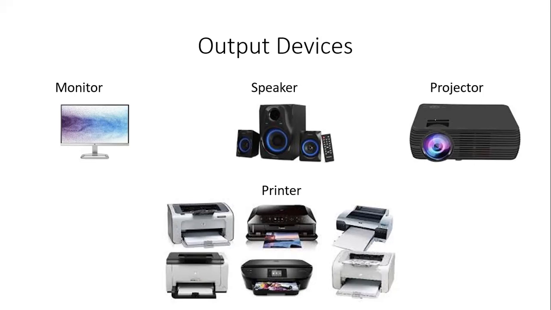There are a number of monitors that were available. Some of them are outdated now, such as cathode ray tube, flat panel displays, and what you see on the screen is just like an LCD or an LED. You will see this output device connected to each and every computer system, and it is the most commonly used output device.